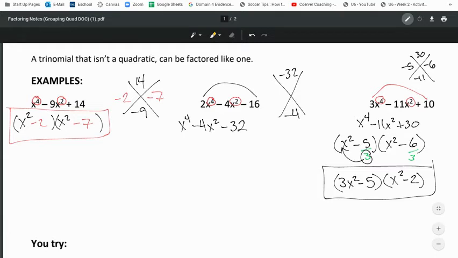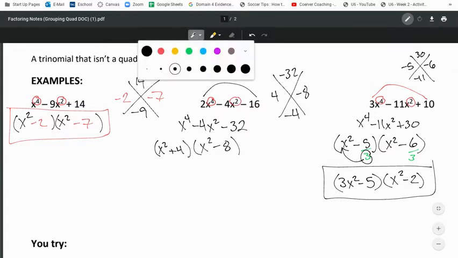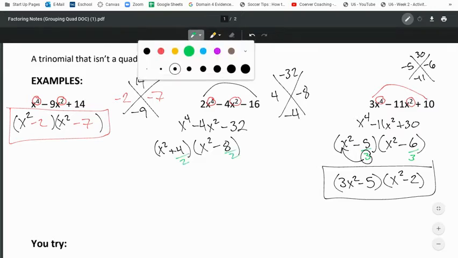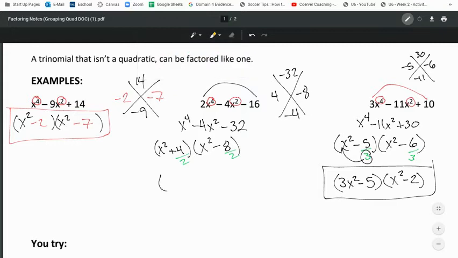Those two numbers are a positive 4 and a negative 8. So I have x squared plus 4, and then x squared minus 8. Then again, I need to divide by a 2 this time. So that simplifies to give me x squared plus 2 and x squared minus 4.